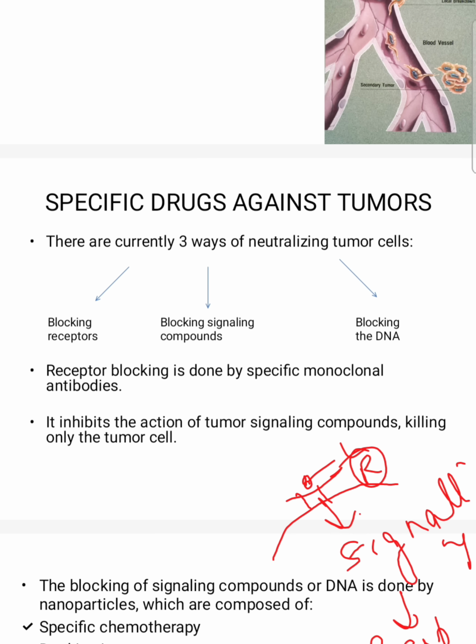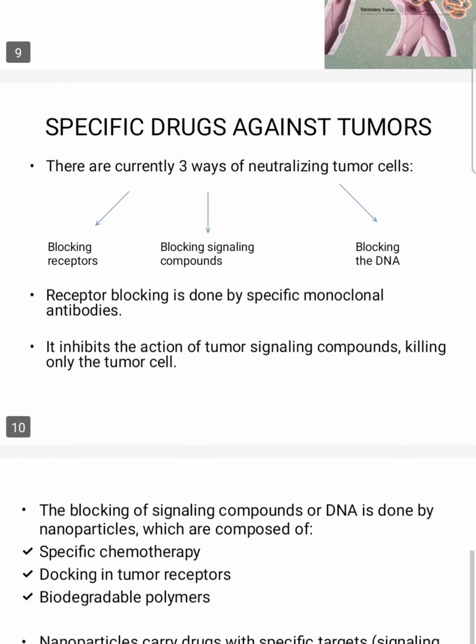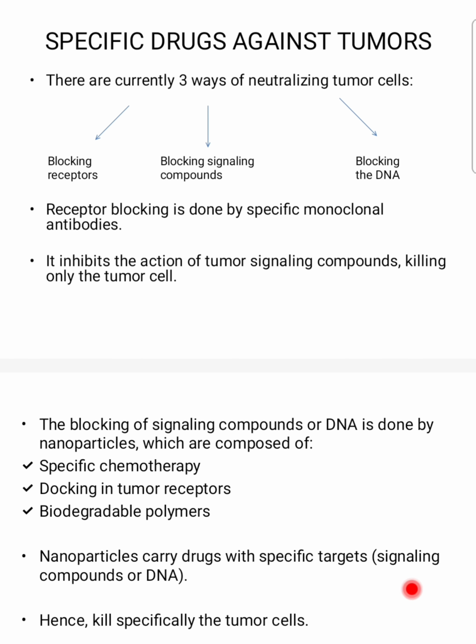We can work on drugs which can act against tumors, because biodegradable polymers are also options. Nanoparticles carry drugs with specific targets, signaling compounds or DNA, and hence they kill specifically the tumor cells.